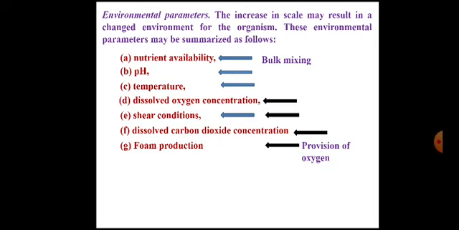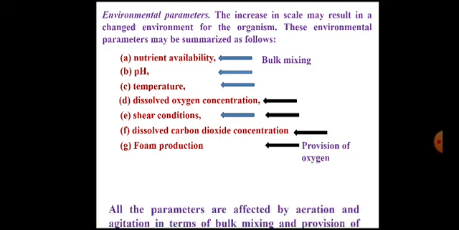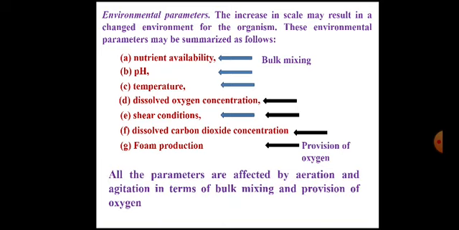So, all these seven environmental parameters are affected or dependent on bulk mixing and sparging process or the provision of oxygen. Provision of oxygen means aeration and bulk mixing means agitation.